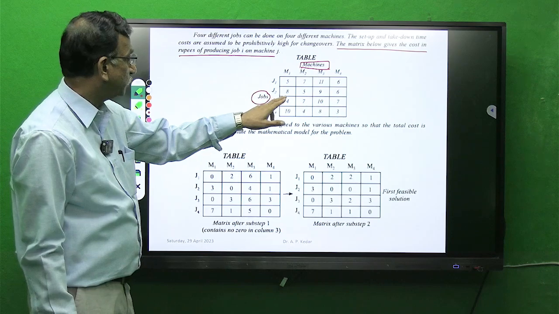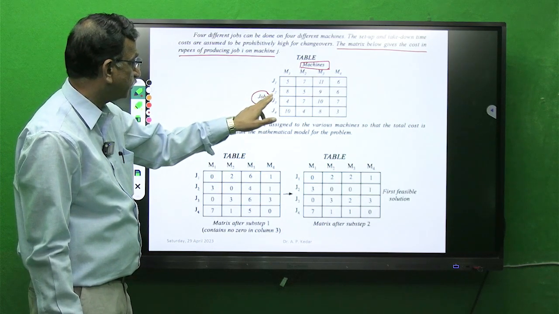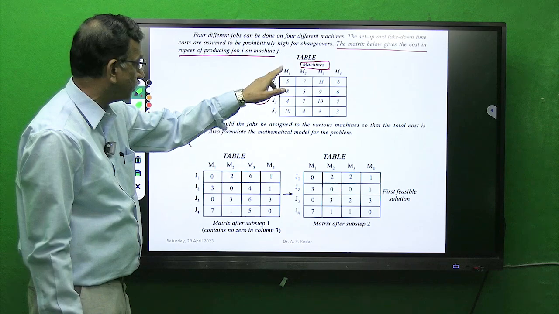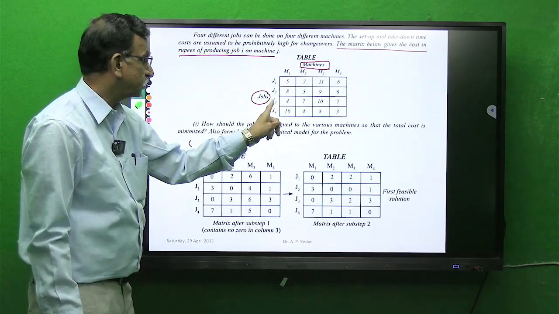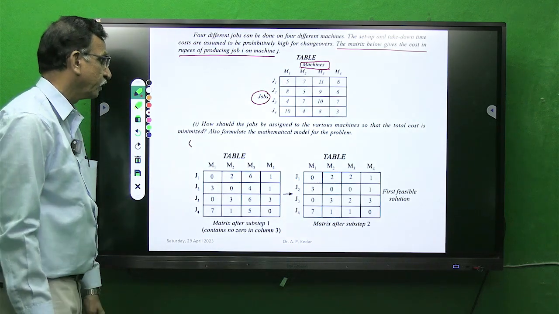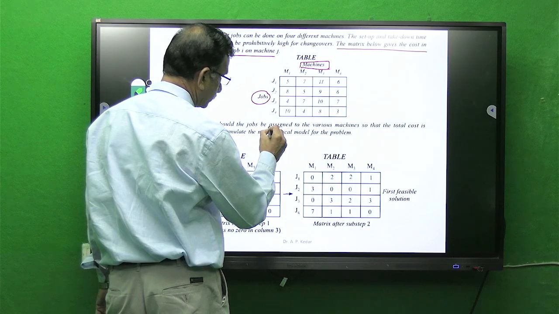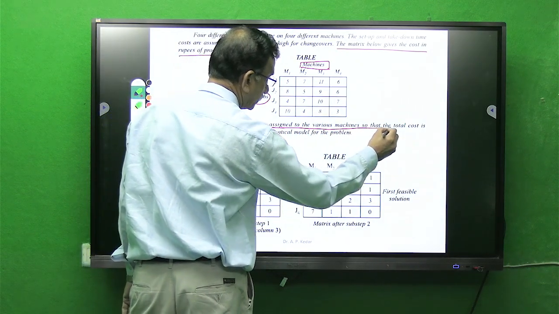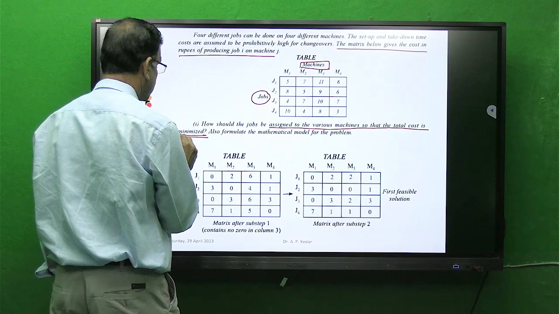See here, the meaning of this is, suppose you think of assigning job J2 to M1, it will cost 8 rupees. Like that, J3 with M3 will cost 10 rupees. That is the meaning. What is asked in this problem? How should the jobs be assigned to various machines so that total cost is minimized?